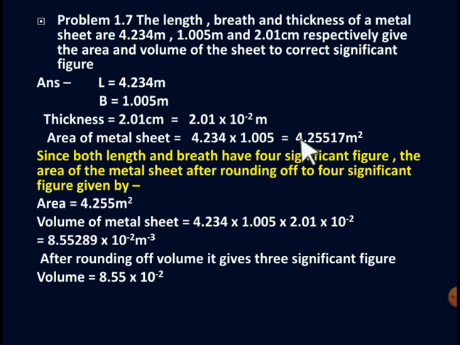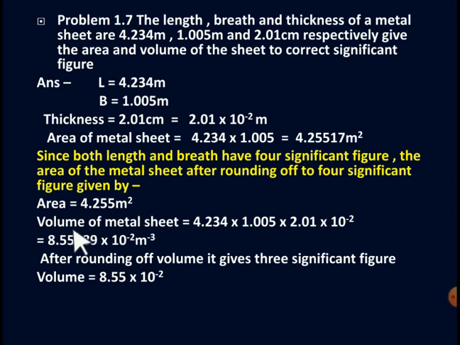So this is 1 2 3 4 5 6, having 6 significant figures. You need to round off and give only 4 significant figures, so 1 2 3 4, you need to express up to here, that means it will be 4.255 meters square. Got it?